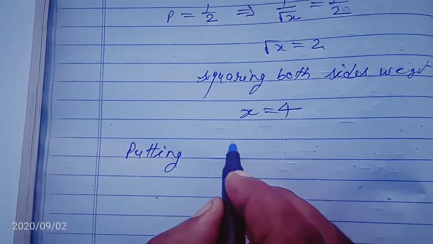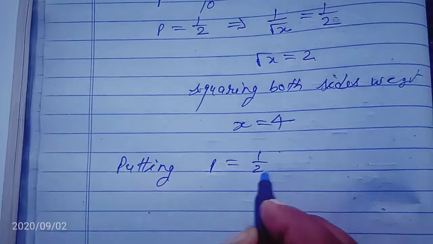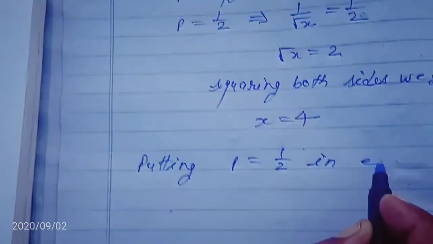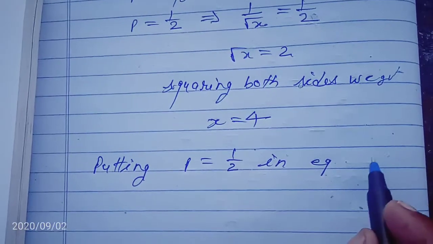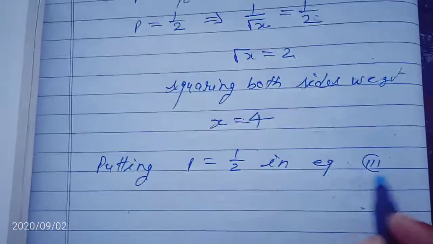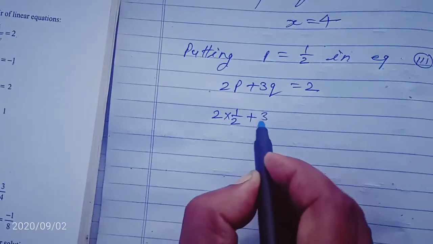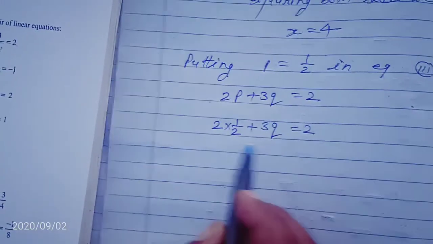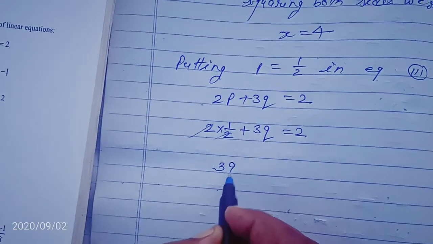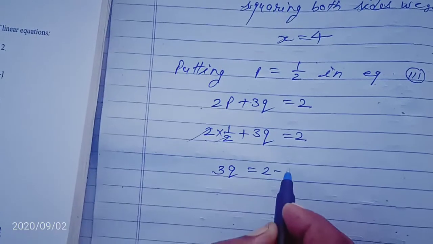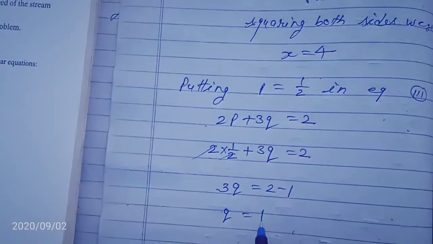Putting p is equal to 1 by 2 in equation 3rd, 2 into 1 by 2 plus 3q is equal to 2. 1 plus 3q is equal to 2, so 3q is equal to 2 minus 1. Means q is equal to 1 by 3.